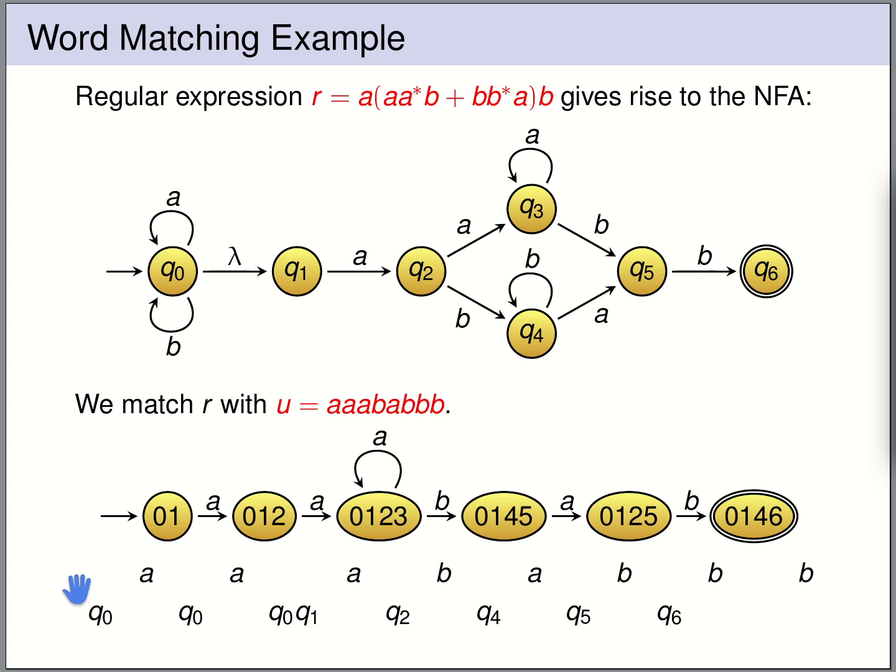Now, how does this help us to see where our pattern has matched? The crucial point is that we see here that we stood in q0 for the first two letters A. That means this is this sigma star part that we are reading. And only after this lambda transition, the actual word in the regular expression R started.